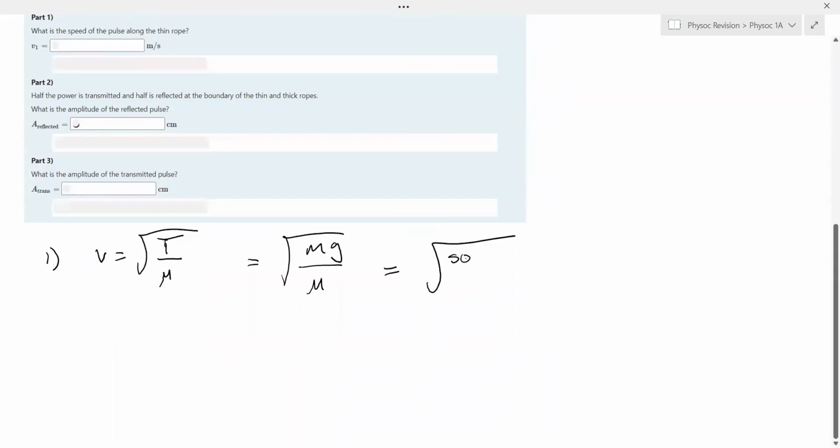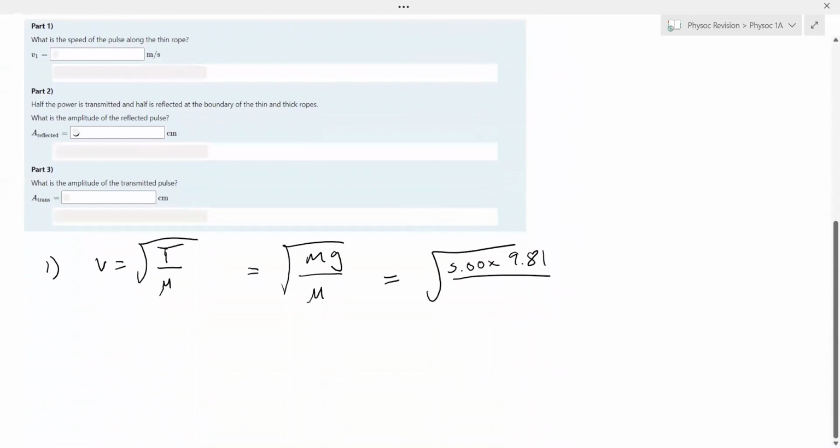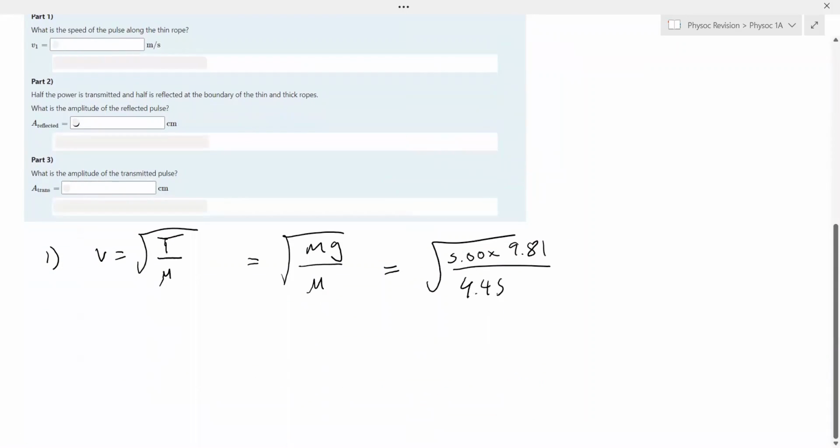So let's keep that in kilograms. 5.00 times 9.81, and this was 4.45 grams per meter, so we'll times it by 10 to the -3 to get it into kilograms. And this gives me my velocity, which is equal to 105. That seems pretty fast.